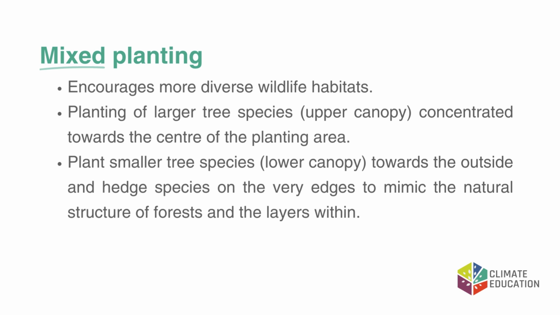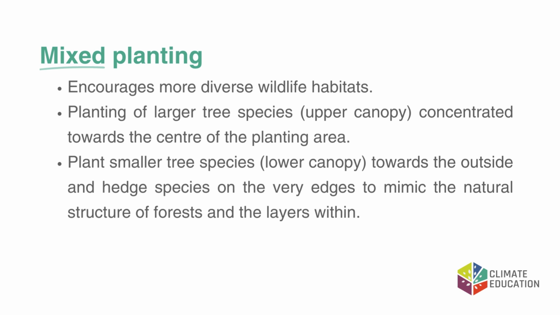Mixed planting ensures we have more diverse habitat. We plant, where possible, those upper canopy trees concentrated towards the planting area, and then our smaller trees around those taller trees with hedging species at the very edges.